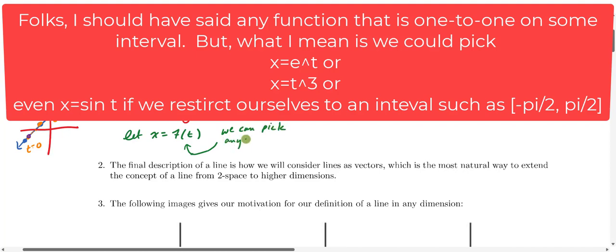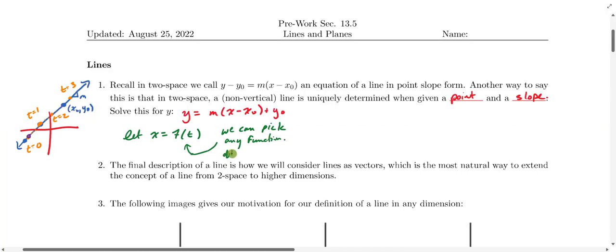Often, when you don't have a particular preference, we will let x equal t, and that's how we start the parameterization. But we could pick any function of t that we want here, as long as it's able to take on appropriate domain values that help us run through the graph that we're trying to trace out. So, I guess not any function, but there's infinitely many possibilities for the function we could pick.